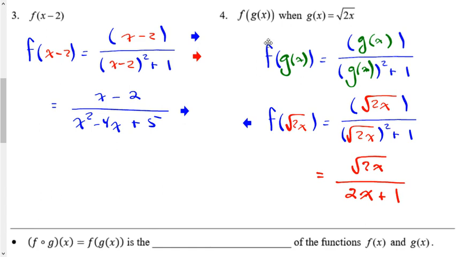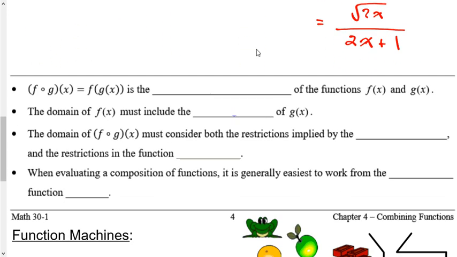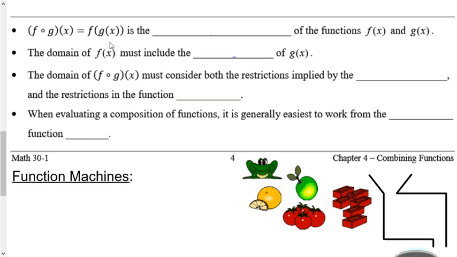What we did in all of these questions, really, but it's a little bit more obvious in 2, 3, and 4, is we did a composition of functions. So here, when I do f of g of x, that is the composition of the functions f of x and g of x.